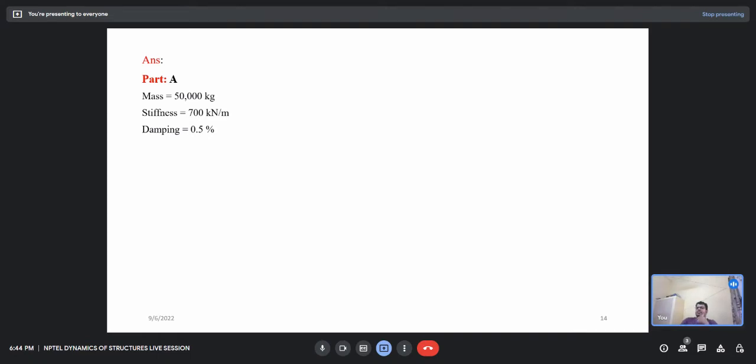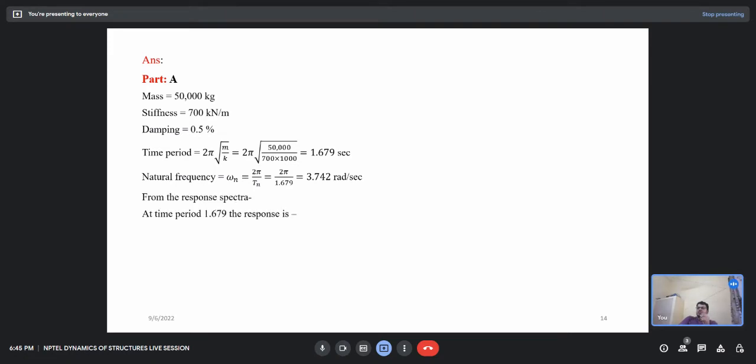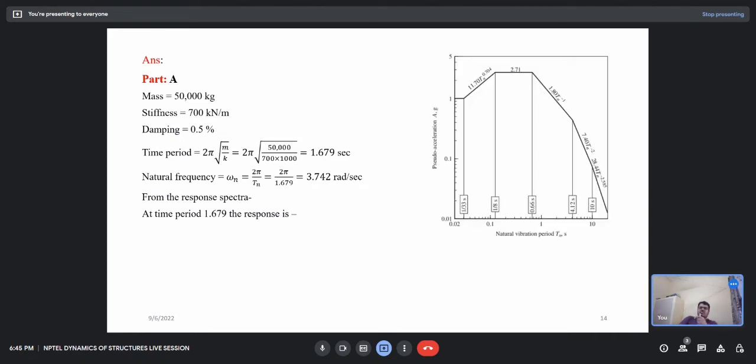If I calculate the time period with the mass and the stiffness, it comes out to 1.68. So first we find the natural frequency omega n, which is 2 pi by Tn, equal to 3.7. From the response spectrum, the time period is 1.679. From this response spectrum, can you tell me the value of Sa by g?